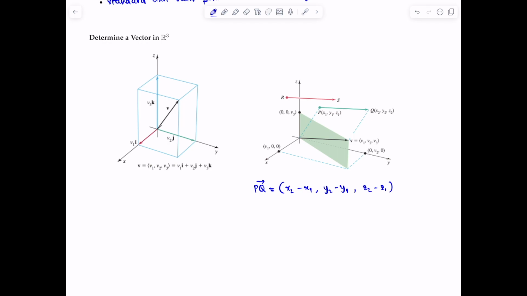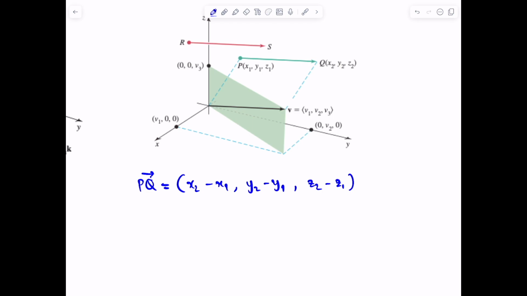If you swap the points Q and P and find the vector QP, that's going to have a different result. Now, when you calculate the vector PQ, you get the resulting vector ⟨x2 minus x1, y2 minus y1, z2 minus z1⟩.